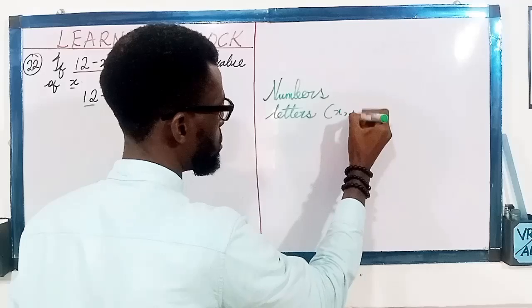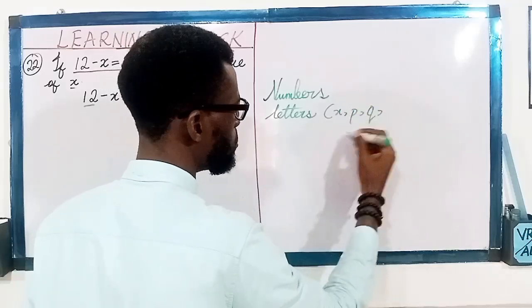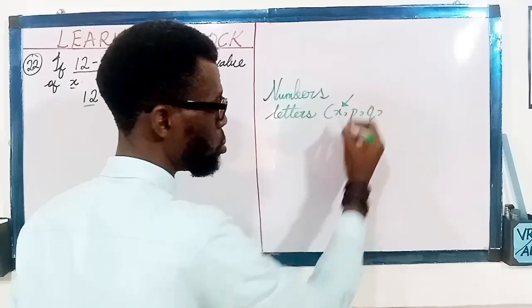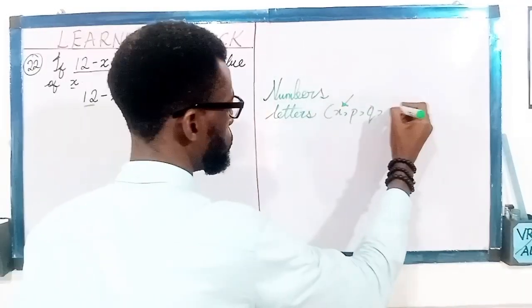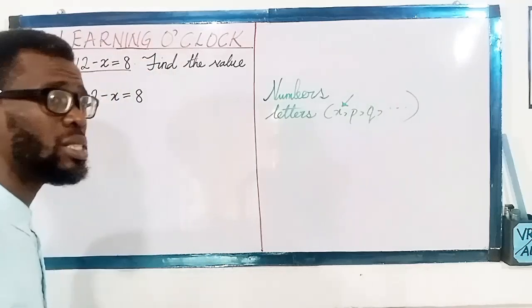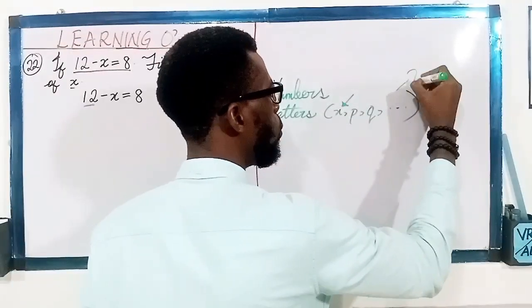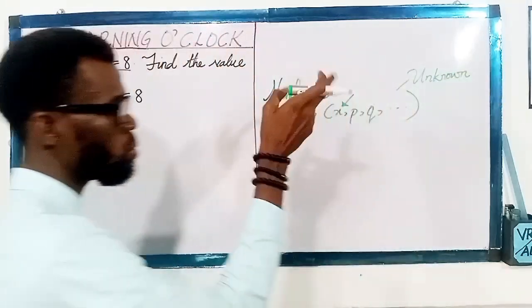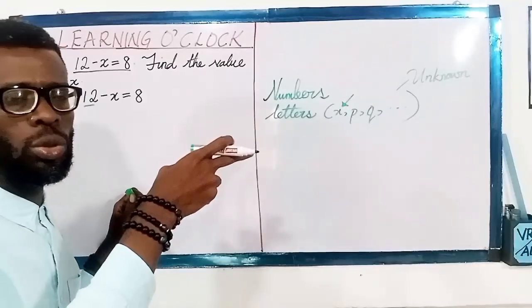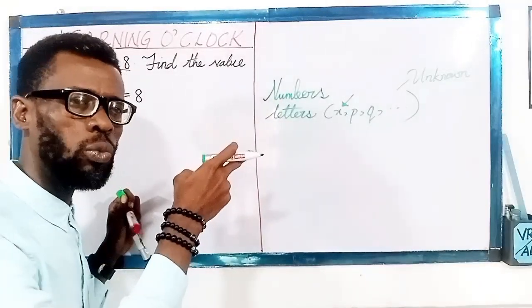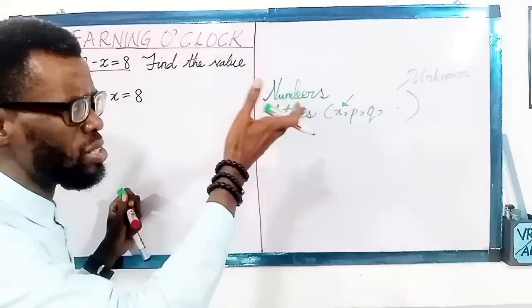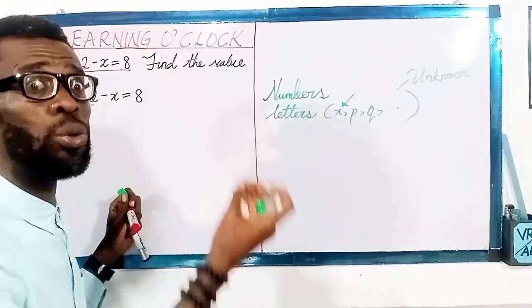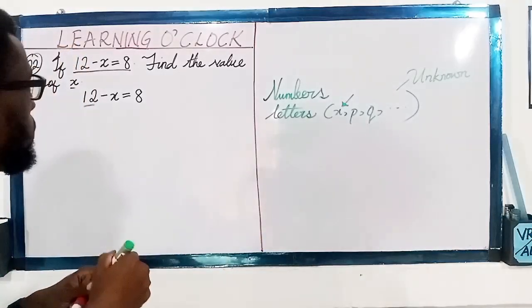You could have x, p, q, depending, but commonly x is used. So different letters represent the unknown. Unknown just means the value, what you're solving for, what you want to get. The unknown is unknown, so you have to make it known. So that's for letters.